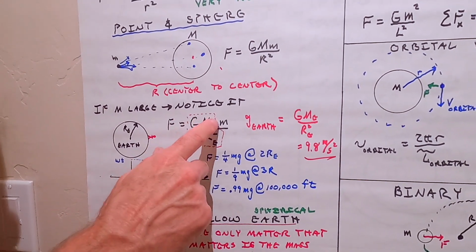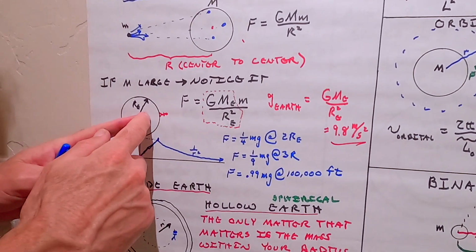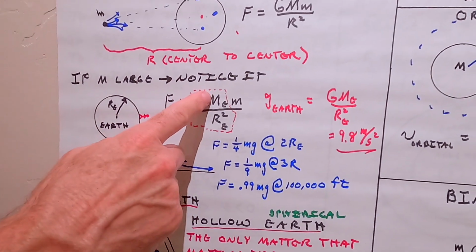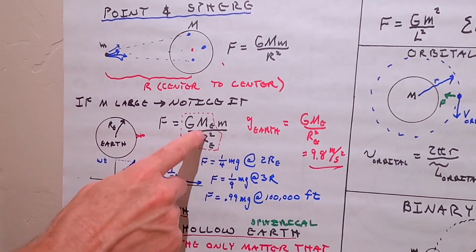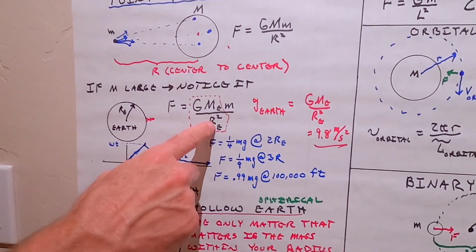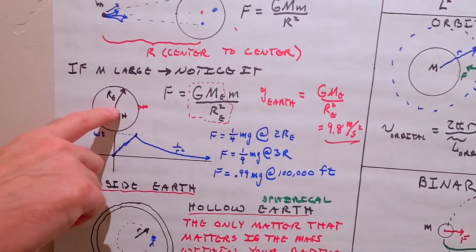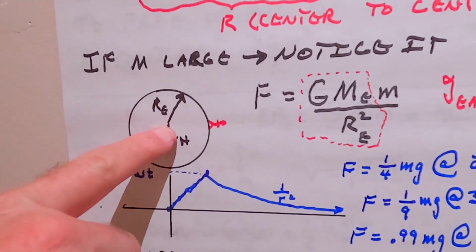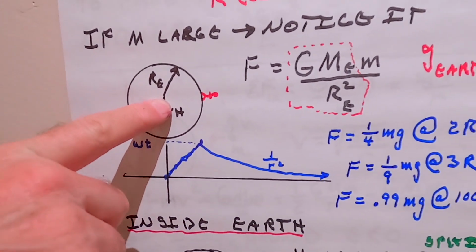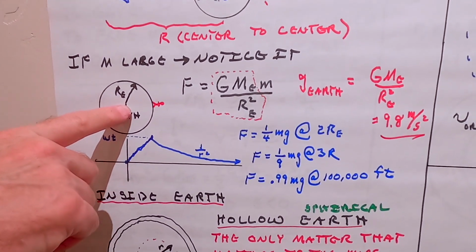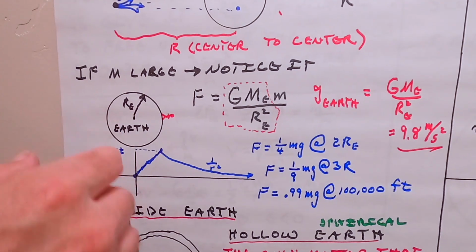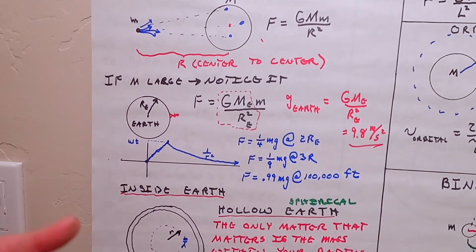But in our case, the mass goes as the volume when you go inside it, and that's going to go as the radius cubed. And the radius cubed goes faster than the radius squared, so this would go to 0. And matter of fact, if you were right there at the center of the Earth, you would weigh nothing. Well, you can't weigh anything, because if you were right there at the center of the Earth, there is no below you to stand on the scale.